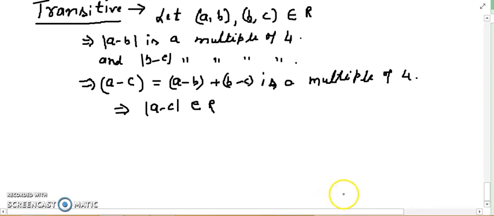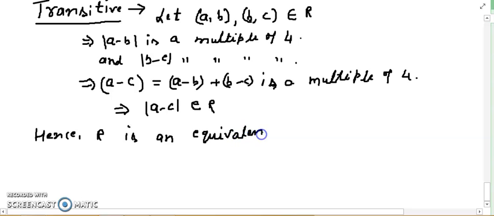So we can say hence the relation is an equivalence relation.